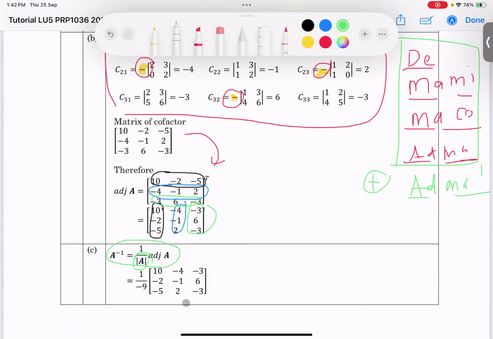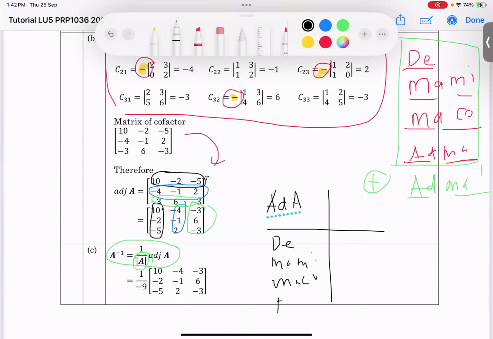Conclusion. We want to divide this into two cases. Case 1: if the question only asks for the adjoint of A, you use the matrix minor, the matrix cofactor, and also find the adjoint matrix.